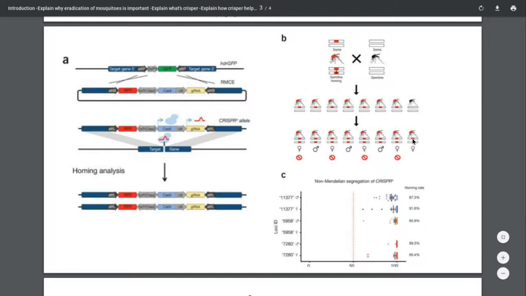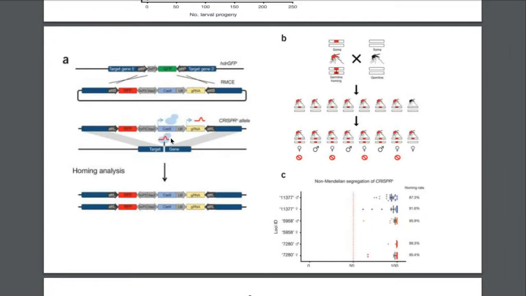In the next generation, it will have two copies, and the generation that had one copy had two copies because of the Cas9, because it was able to replicate and transfer into all of the target genes that it targeted.